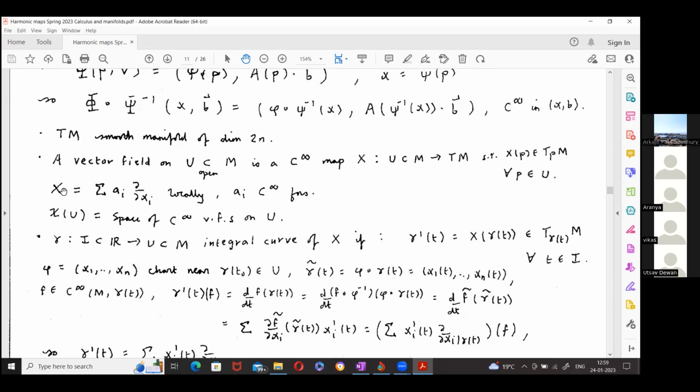So locally X is a sum of del del xi's with coefficients AIs which are functions. The vector field X will be smooth as a map between manifolds if and only if all the AIs are smooth functions.